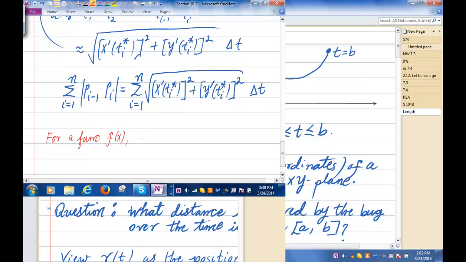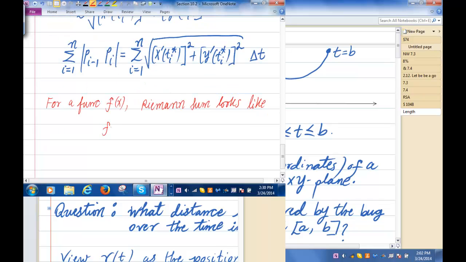A Riemann sum looks like f of ti star times delta t, sum i going from 1 through n, right?